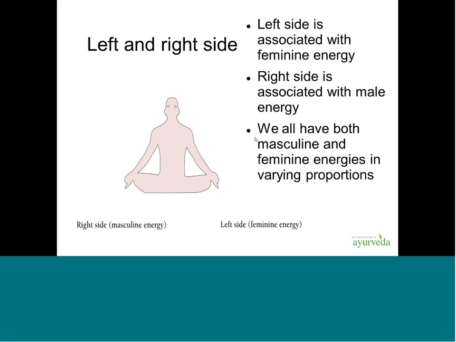And these masculine and feminine principles are present in all of us in varying balances. Sometimes the balance is very much tilted on the masculine side, and sometimes it's very much tilted on the feminine side. And just as you cannot have a balance of doshas without some element of kapha, there's always some element of the masculine and some element of the feminine, and the only thing that really varies is the proportion. So we all have both masculine and feminine in varying proportions.